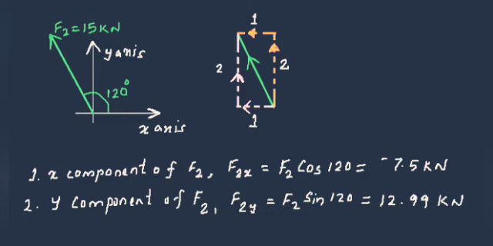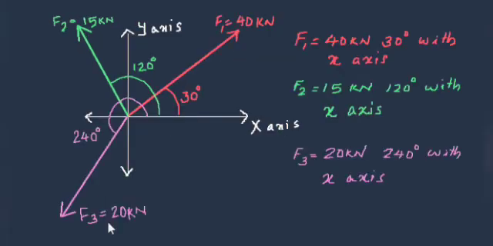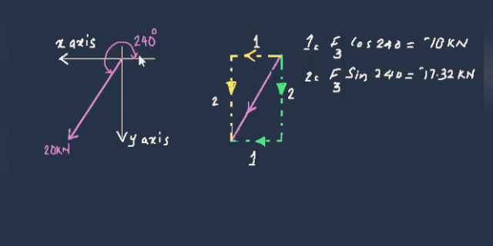Now going to the third force, you have 20 kilonewton acting at an angle of 240 degrees with the x-axis. So that's shown here again, 20 kilonewton acting at an angle of 240 degrees with the x-axis. What you need is to find the sine and cos of 240 and multiply that with the force, and you will get the two components.